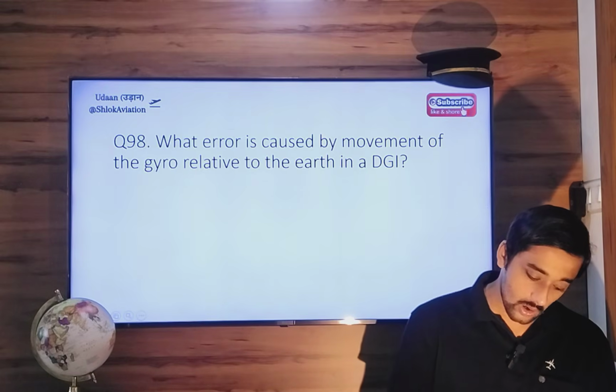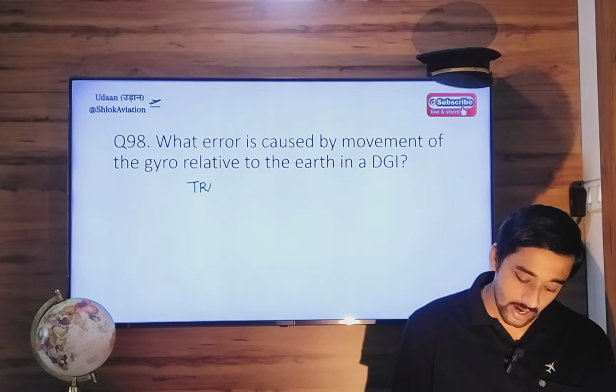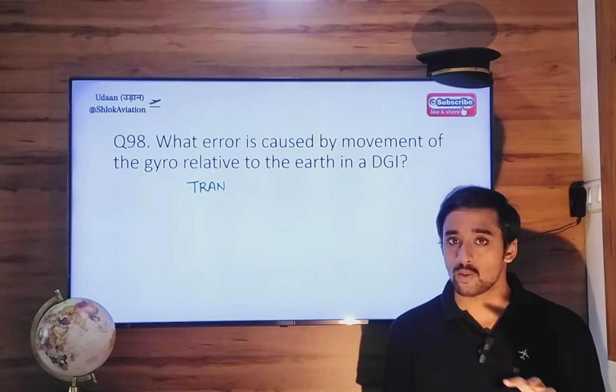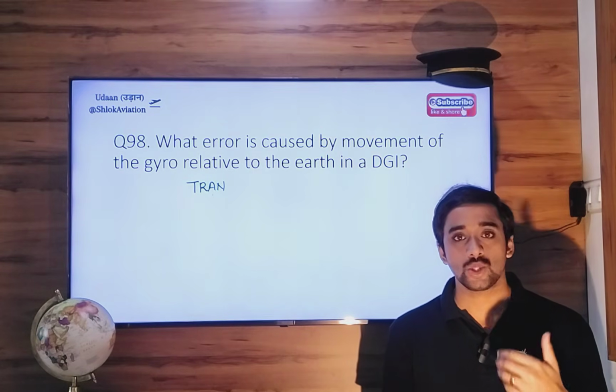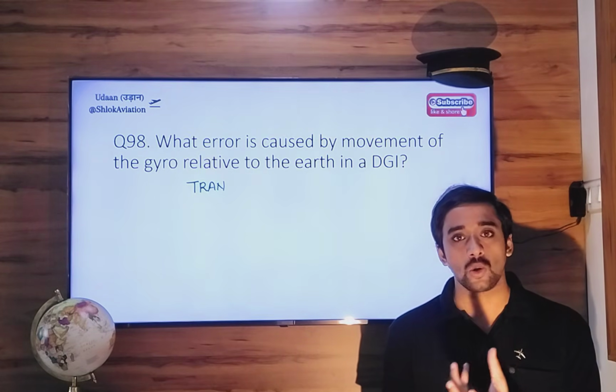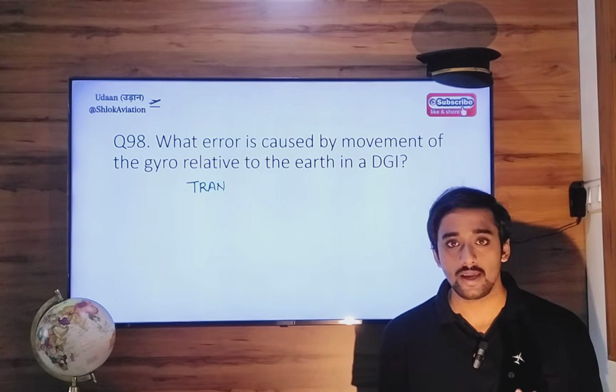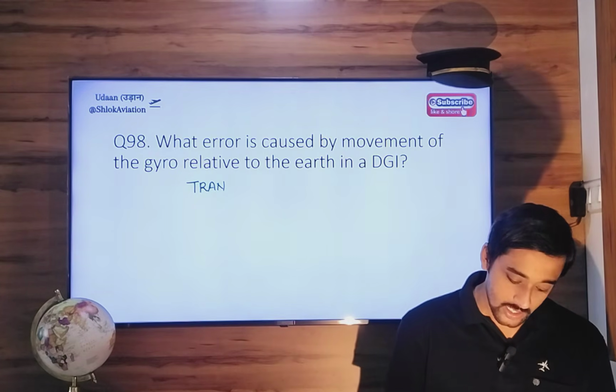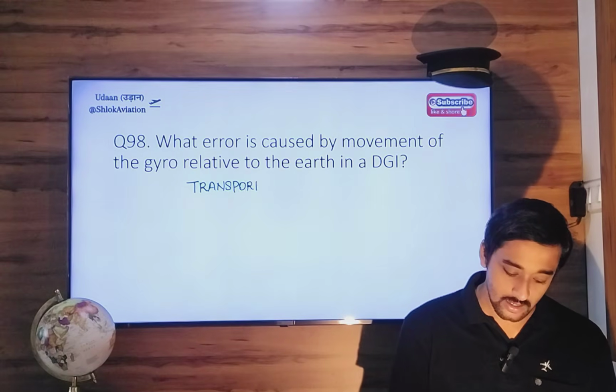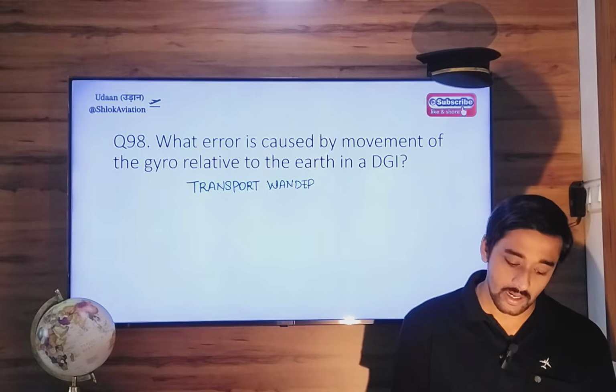That error is called transport wander. So do read the RK Bali gyroscopes chapter. You will find short, crisp notes on the gyroscope chapter in the Oxford and RK Bali. That is sufficient. So transport wander is caused by movement of the gyro relative to the earth.